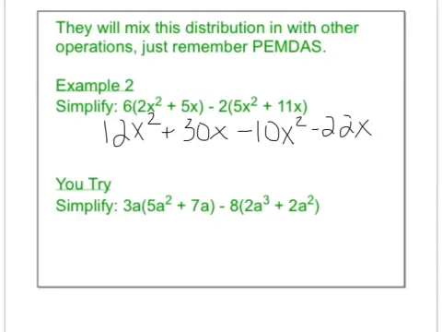Next, I'm going to look for like terms. So I've got 30x, negative 22x, and then I've got 12x squared and negative 10x squared. So when I combine the x squareds, I get 2x squared.